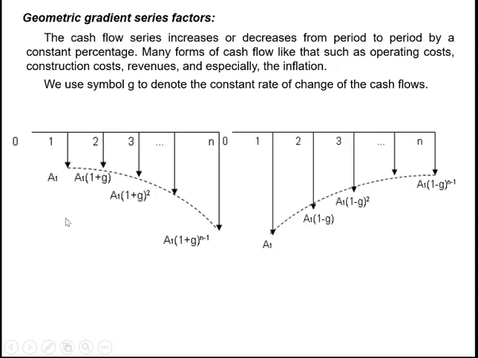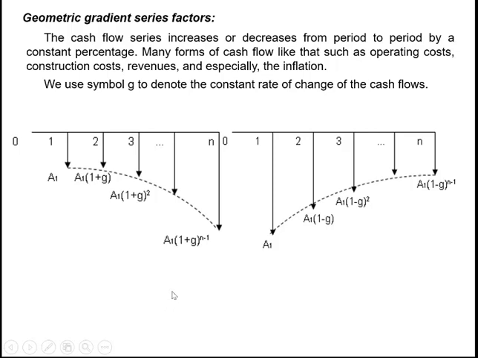The first kind is the interest rate to be used to calculate the equivalent values of money. And the second kind is the rate that the cash flows increase or decrease. That is the small g.